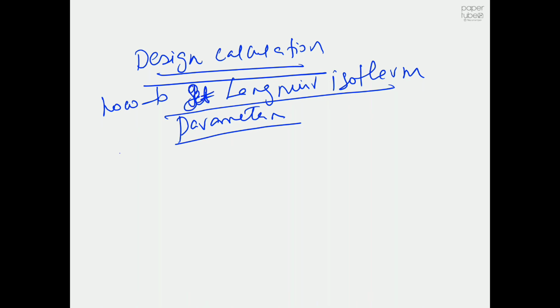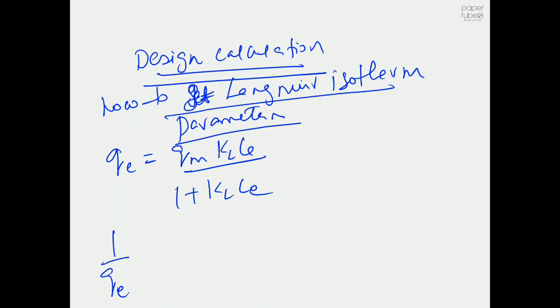So how to get these Langmuir isotherm parameters? All we need is to linearize this expression: QE equals QM KL CE divided by 1 plus KL CE. Let's take the inverse of this one, equation 1.